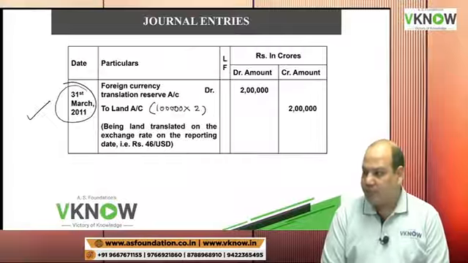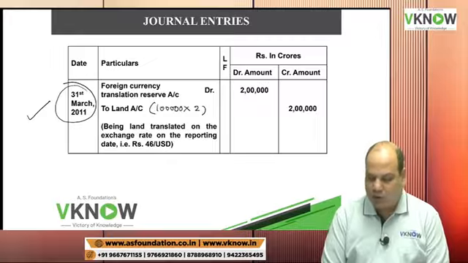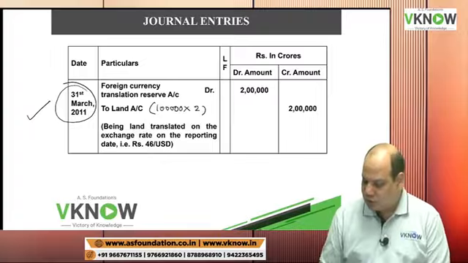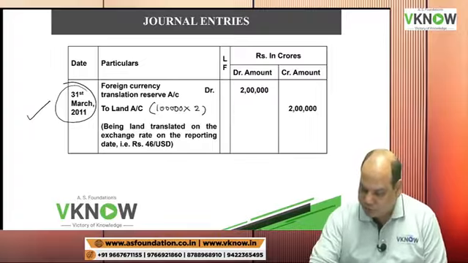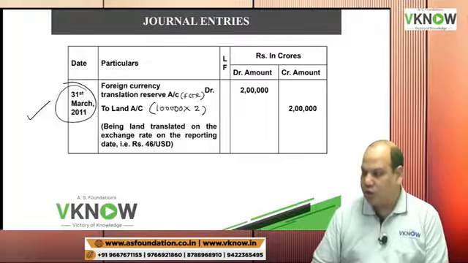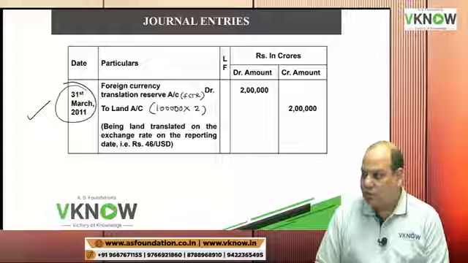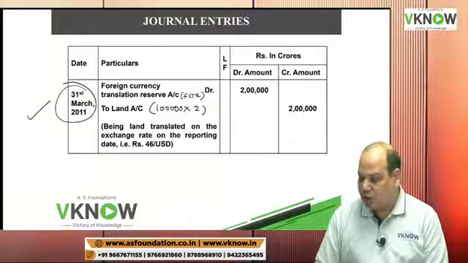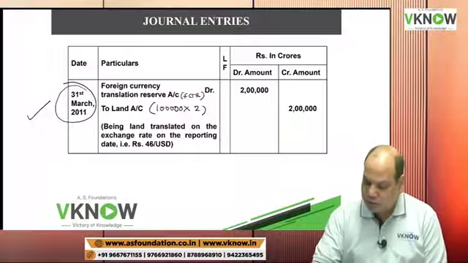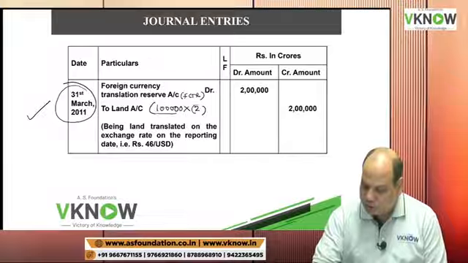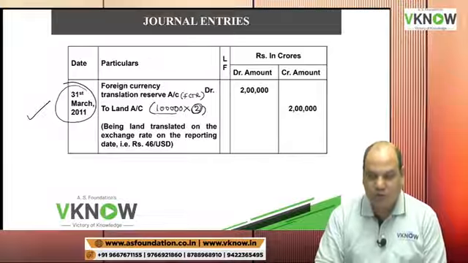Entry will be FCTR account debit 2 lakh. To save time, you can just write FCTR. To land account 2 lakh. Why 2 lakh? 1 lakh into the decline in exchange rate by 2 rupees.